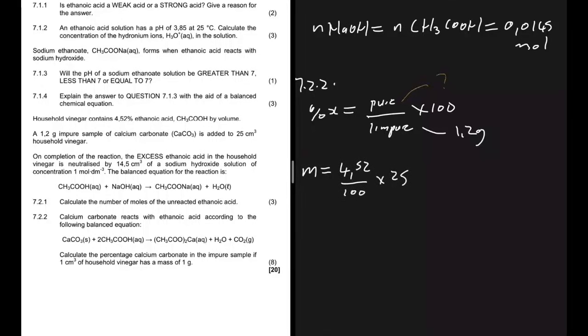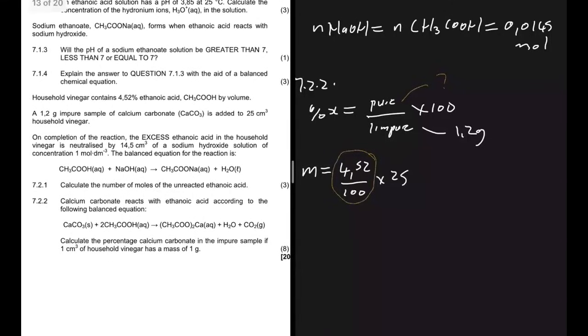Why am I saying that this will give us the mass? Because usually the mass is the number of moles by the molar mass. So look at this. This is the percentage of ethanoic acid in household vinegar, right? And then we are told in the equation that 1 centimeter cube, we can take it as 1 gram, right?